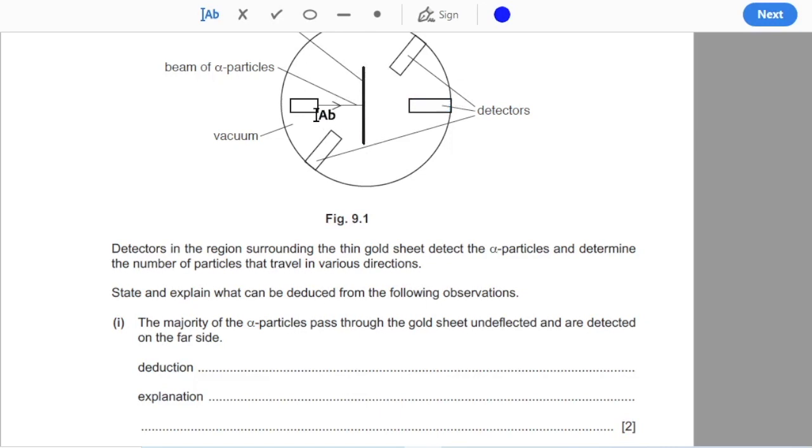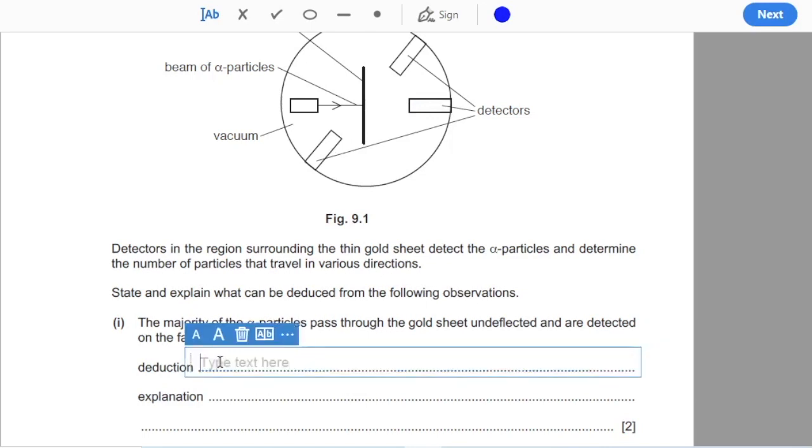They're saying that the majority of alpha particles will pass straight without being deflected. And what do we deduce by this statement? That the nucleus is of very small size. Most of the space around the nucleus is vacuum.